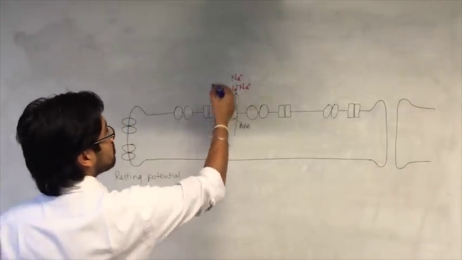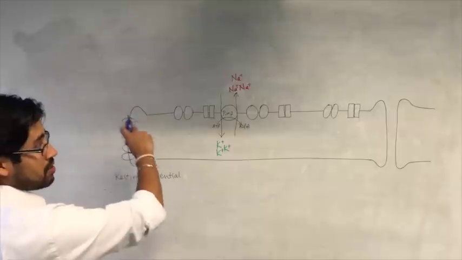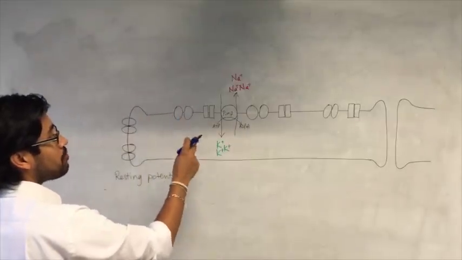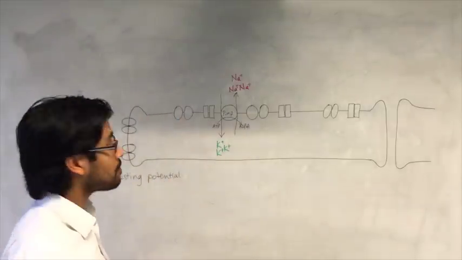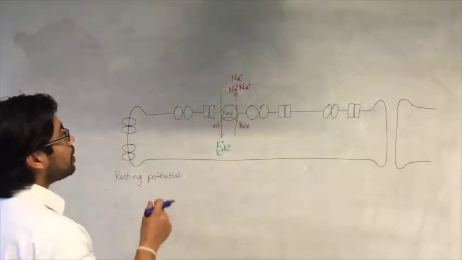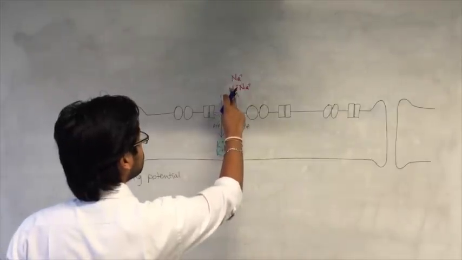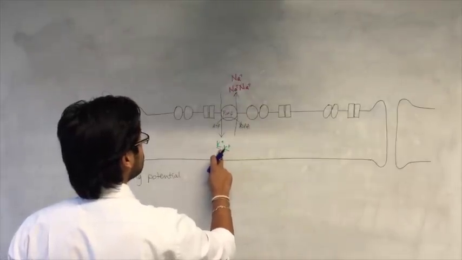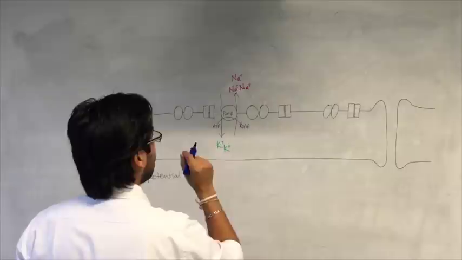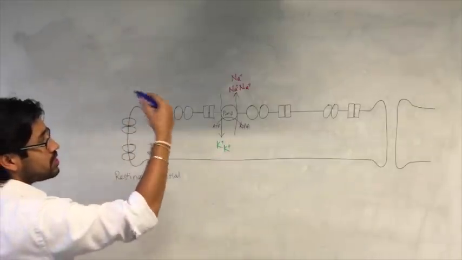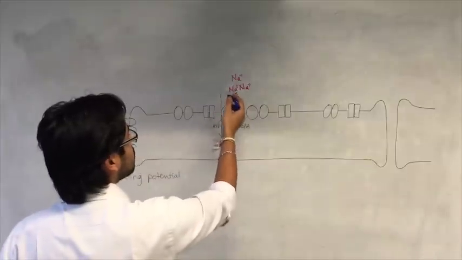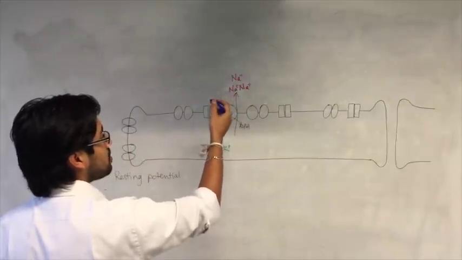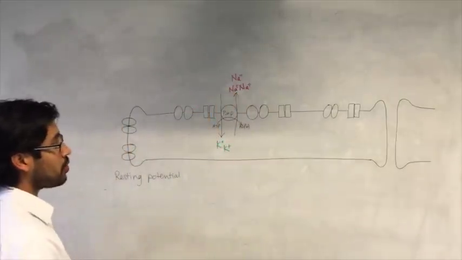You've got lots of sodium outside the cell, and lots of potassium inside the cell. And generally, the outside is said to be more positive than the inside.